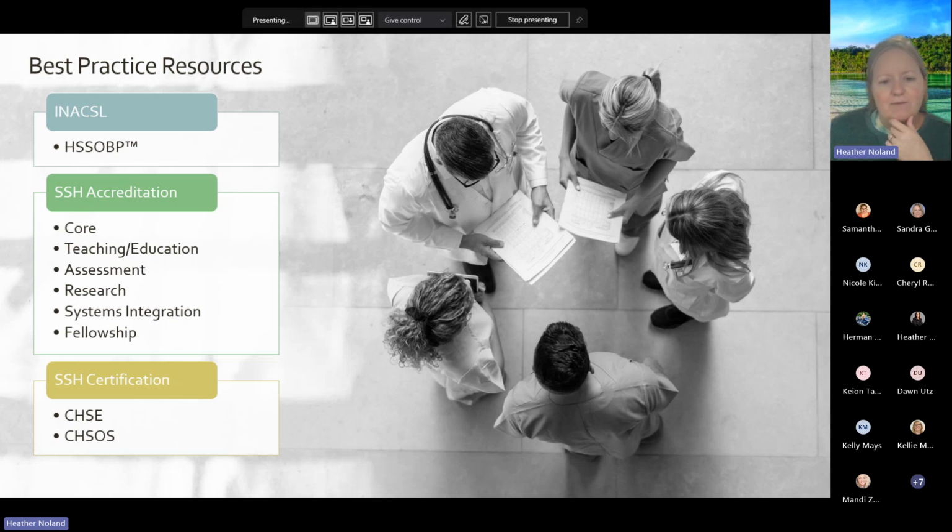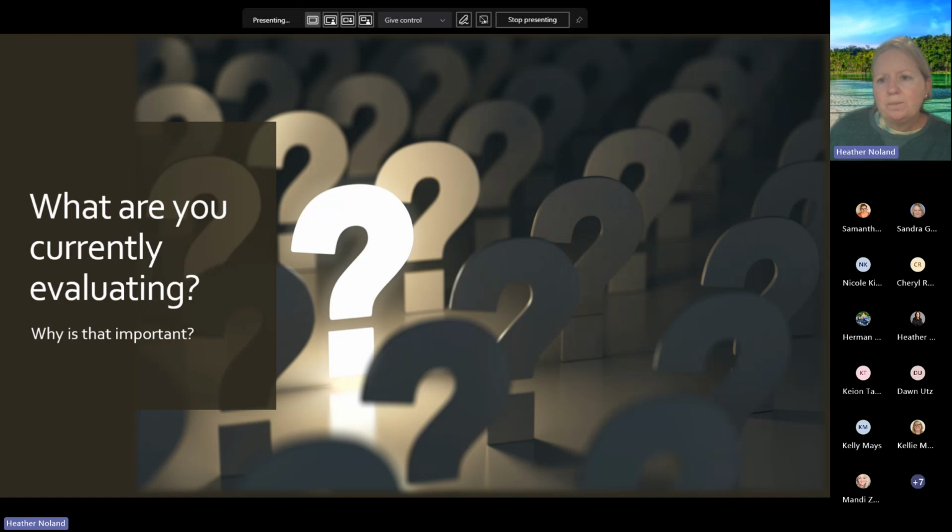We are finishing up our self-study for our reaccreditation in core teaching, and we're going to be looking at adding systems integration, and all of those have standards that tell us how we should be evaluating those activities. So we talked initially about why it's important to evaluate.